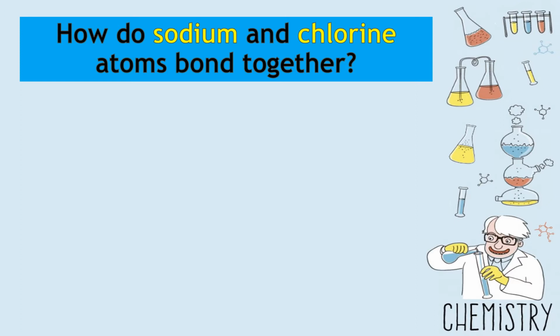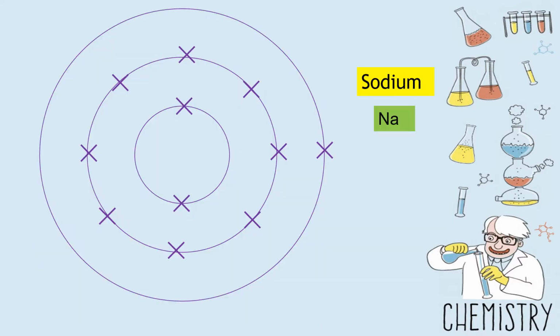Now, the first step is you need to know the atomic number of sodium, or if you have studied the electron configuration of sodium, it will be easier for you to know how sodium and chlorine atoms combine or bond together.